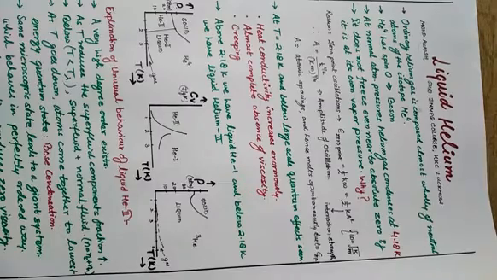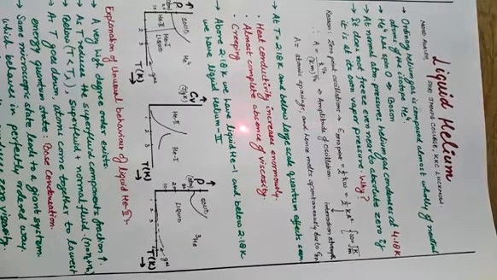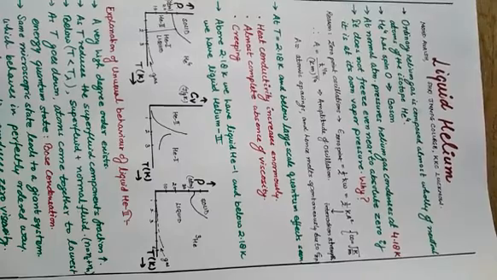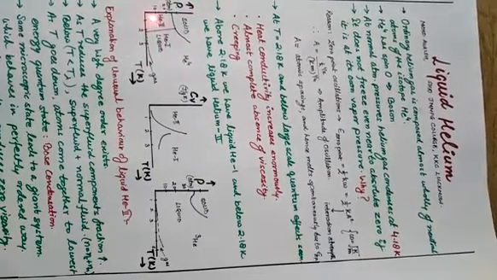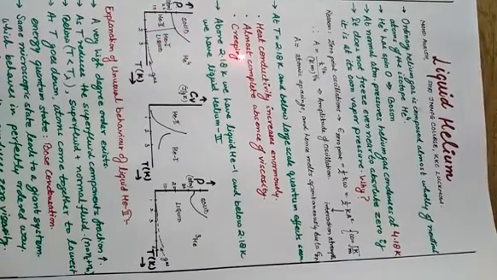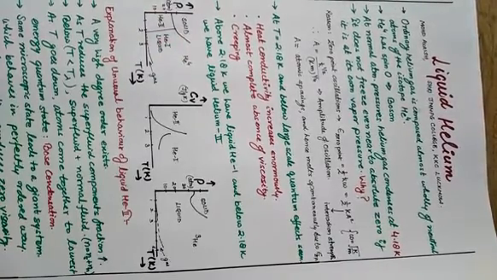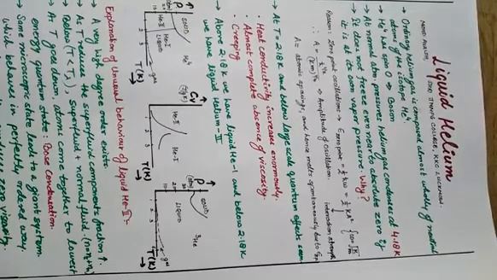So why does it have zero or almost zero viscosity? In this helium 2 phase, there is almost no friction. That means this liquid flows frictionless. The mass motion of helium 2 atoms is frictionless.